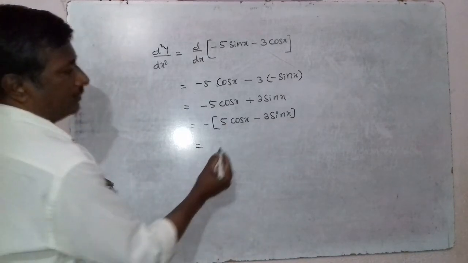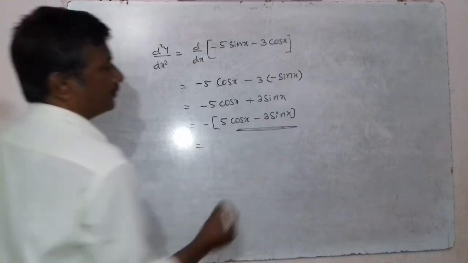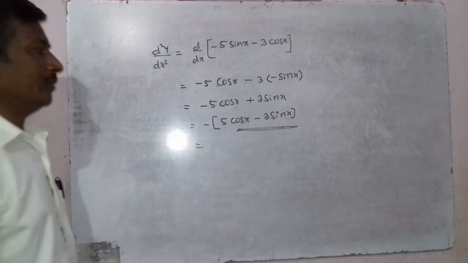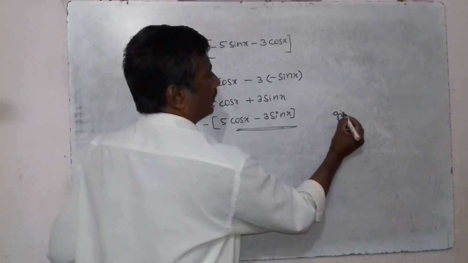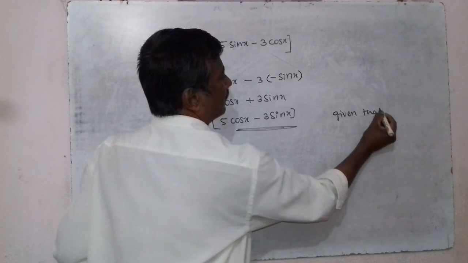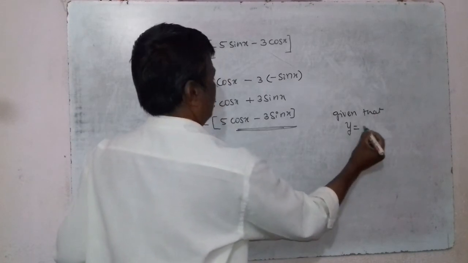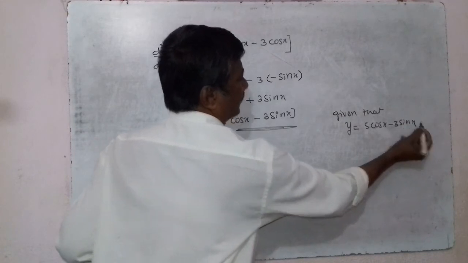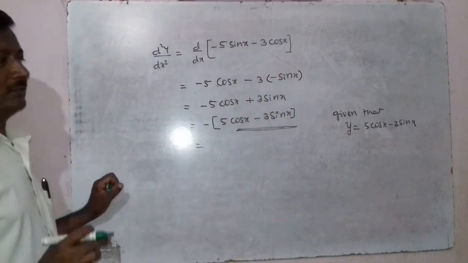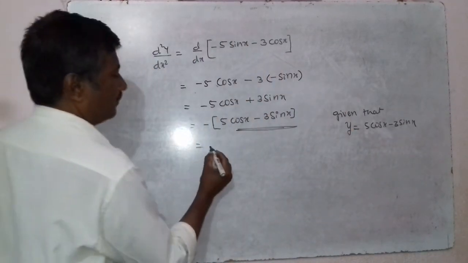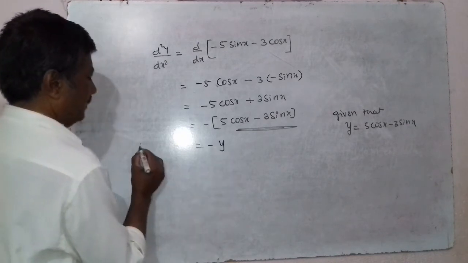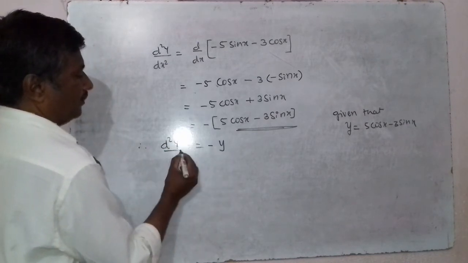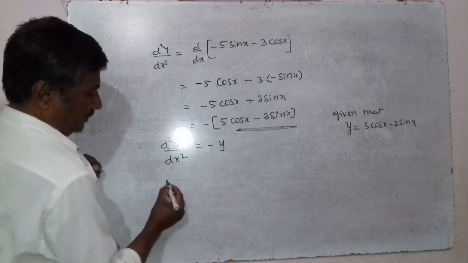So observe this result. It is given in the problem that y equals 5 cos x minus 3 sin x. So this is the first expression, that is the given y. Therefore this is equal to minus y. So this is all d square y by dx square.